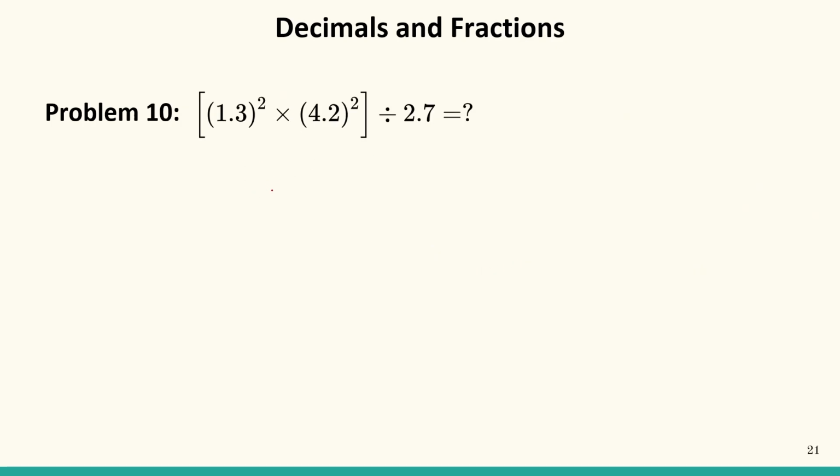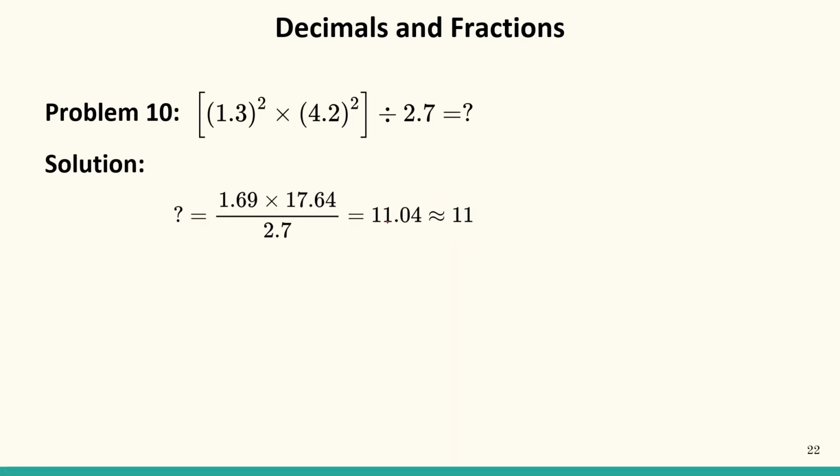So problem number 10 asks us 1.3 whole square plus 4.2 whole square whole divided by 2.7. This is equal to 11.04. 1.3 whole square is equal to 1.69, and 4.2 whole square is 17.64.